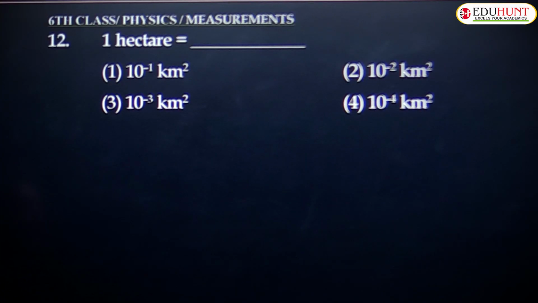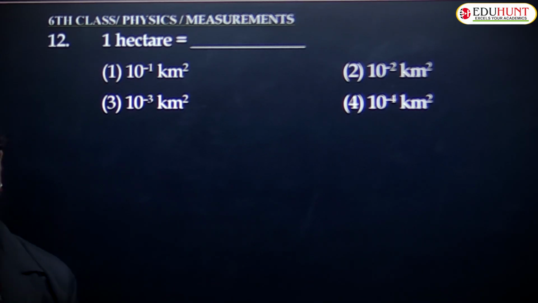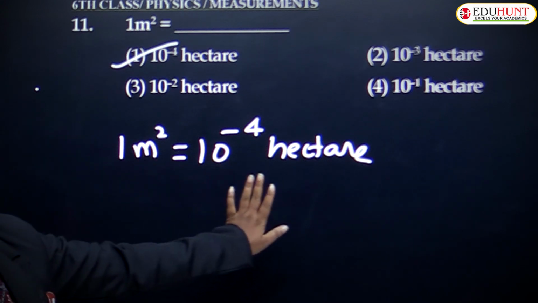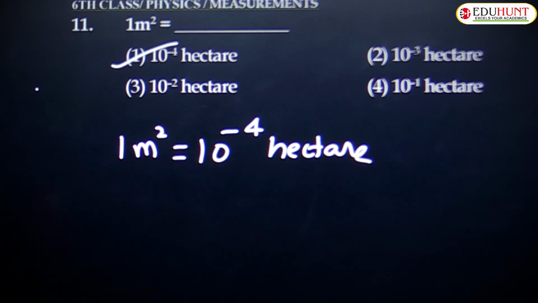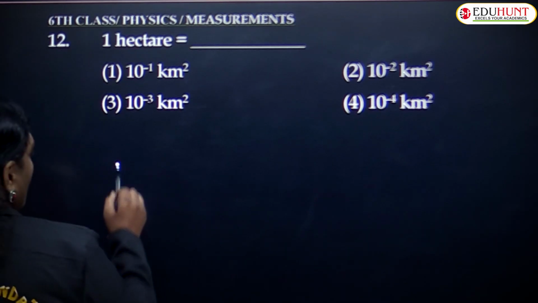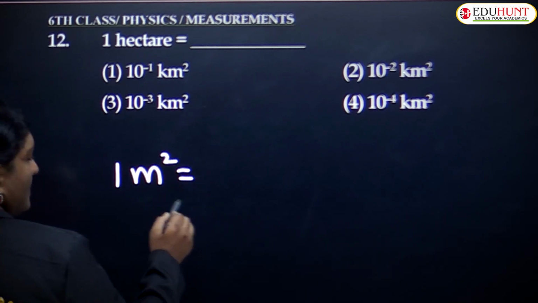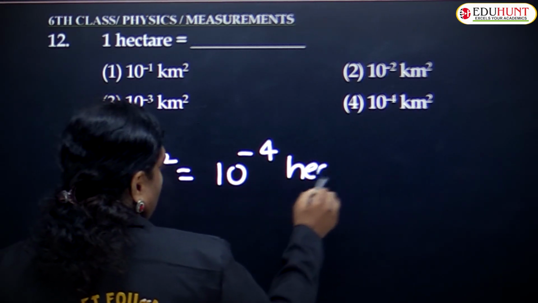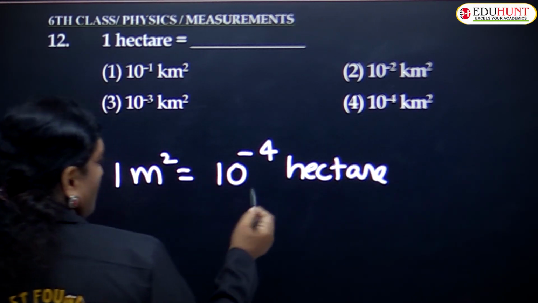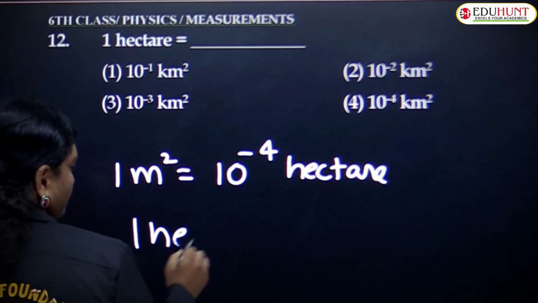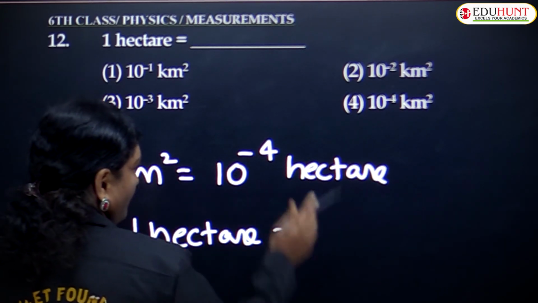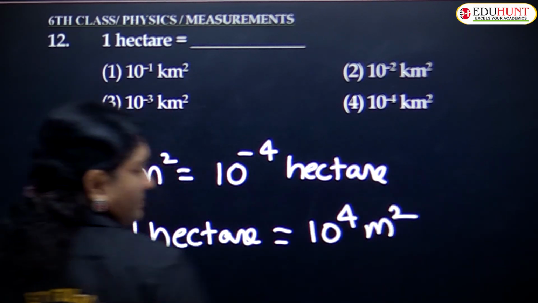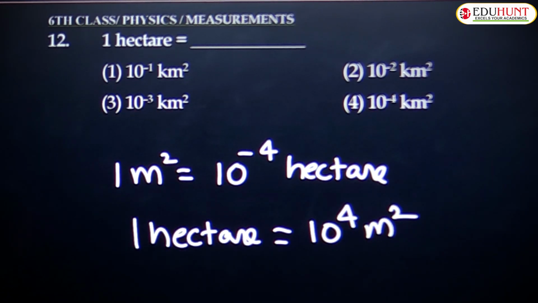Next, 1 hectare you are asked to convert in kilometer square. Just now we discussed in the previous question that 1 meter square is 10 power minus 4 hectare. Yes or no? So 1 hectare would be how many meters square? 10 power 4 meters square. This we have discussed earlier in the beginning of the class.